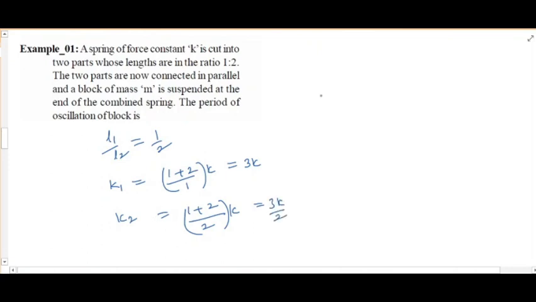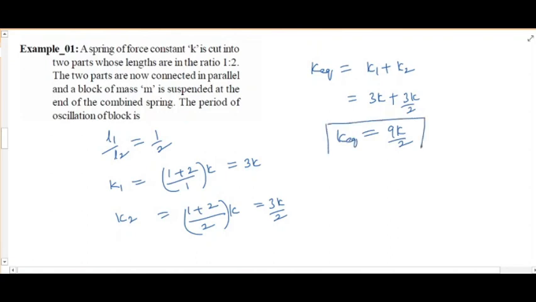Here these springs are connected in parallel. Therefore, K equivalent is equal to K1 plus K2. K1 is 3K and K2 is 3K by 2, so this becomes 9K by 2. This is K equivalent. Now, time period T is equal to 2 pi into square root of M by K equivalent.